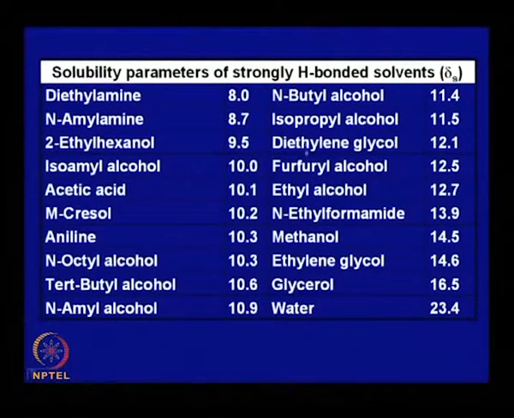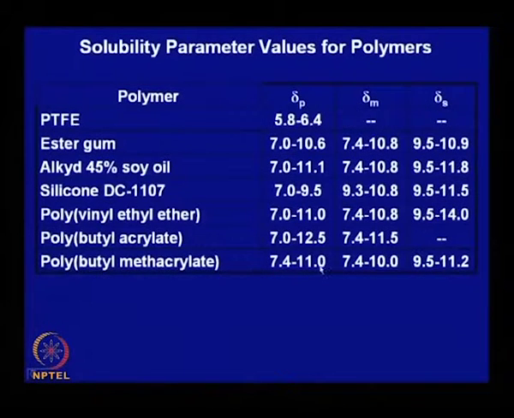Here you see there are solvents whose solubility parameters are 11.4, 11.5, 12, 10.9, 10.6, 10.3, and go to the polymer chart. See this polymer, you take a polar polymer, say alkyd resin, or this.